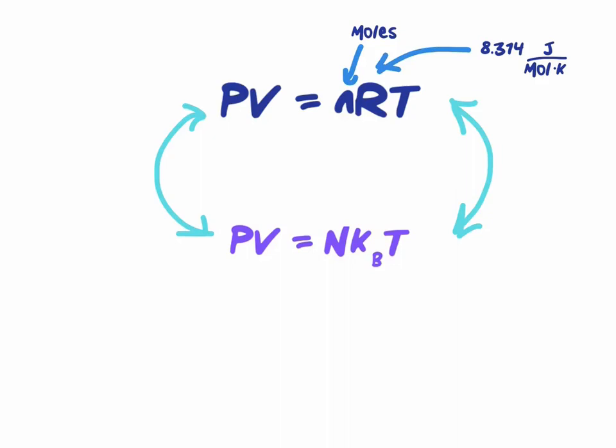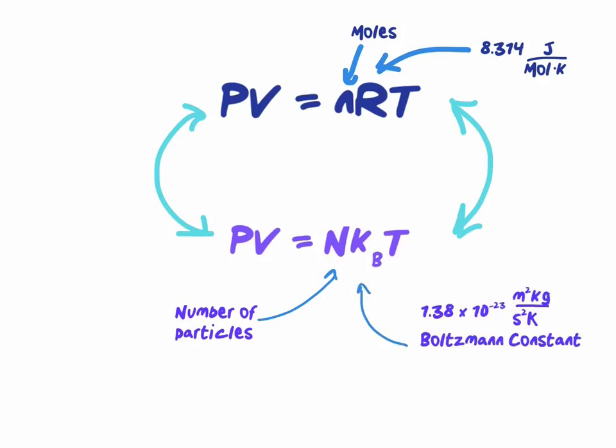Whereas PV equals NkBT is actually relating the number of molecules or particles of the gas, uppercase N, to the Boltzmann constant and the other variables. Now, the Boltzmann constant is something that we got into a little bit of detail when we looked at what temperature was actually measuring, the average kinetic energy of a particle within the gas.